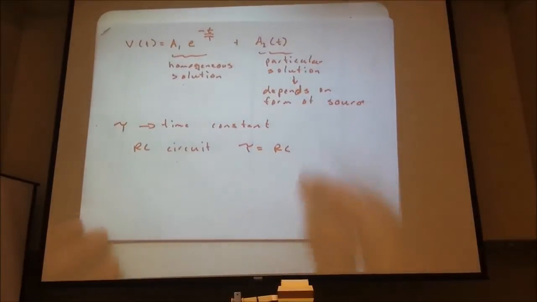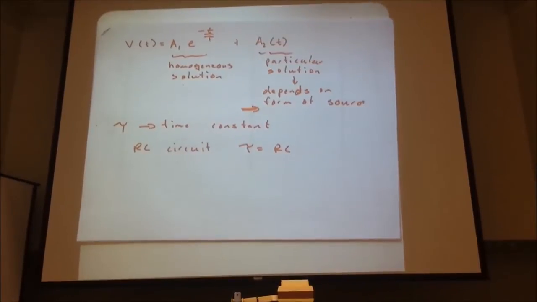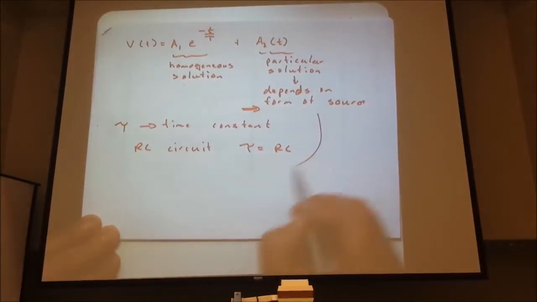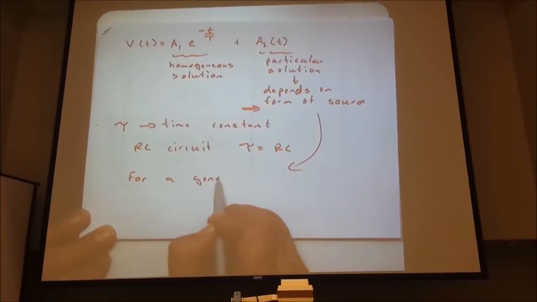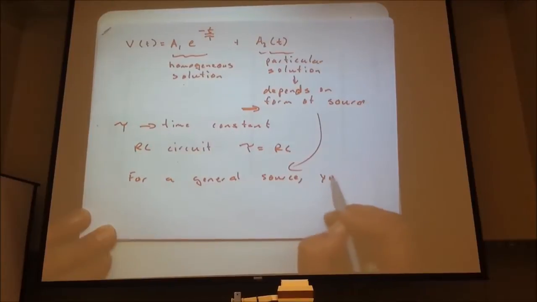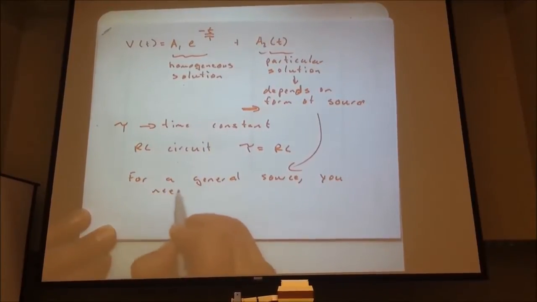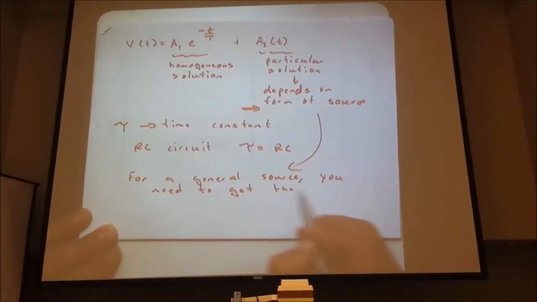And as I said at the end of last class, for a general source, you need to get the particular solution from the differential equation. And we saw that quickly near the end of the class.